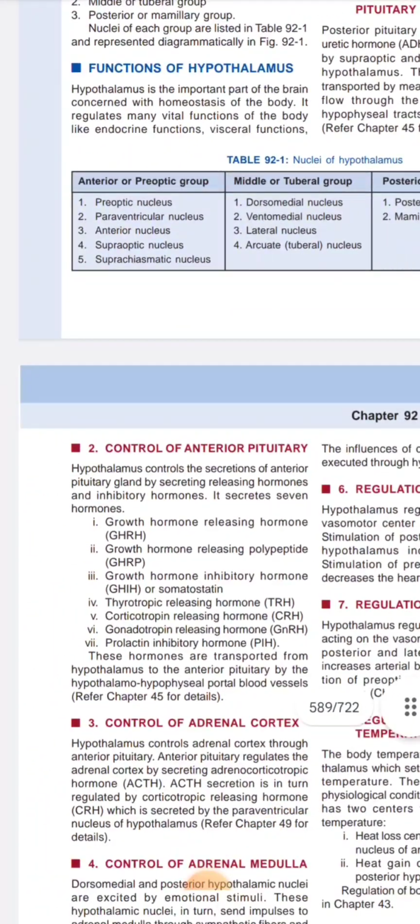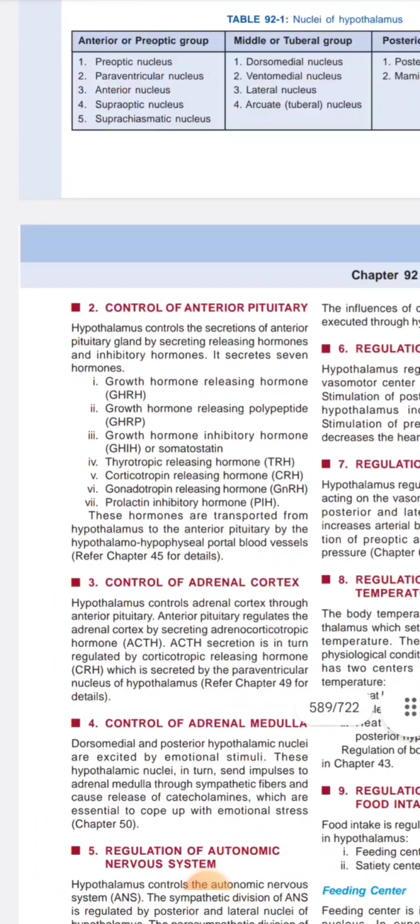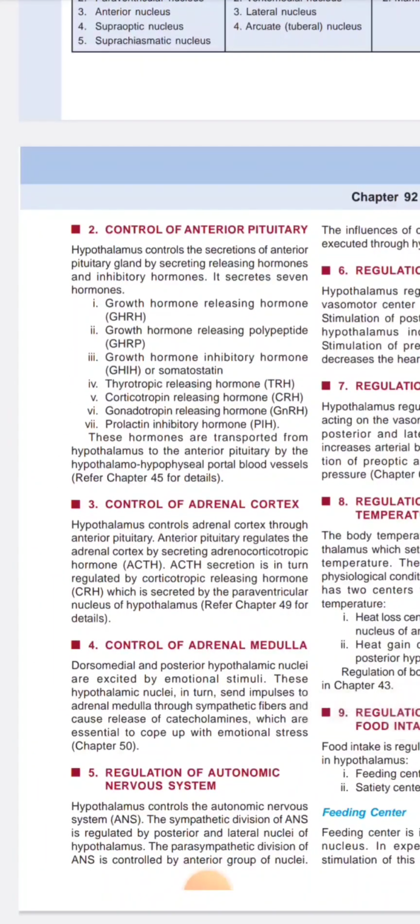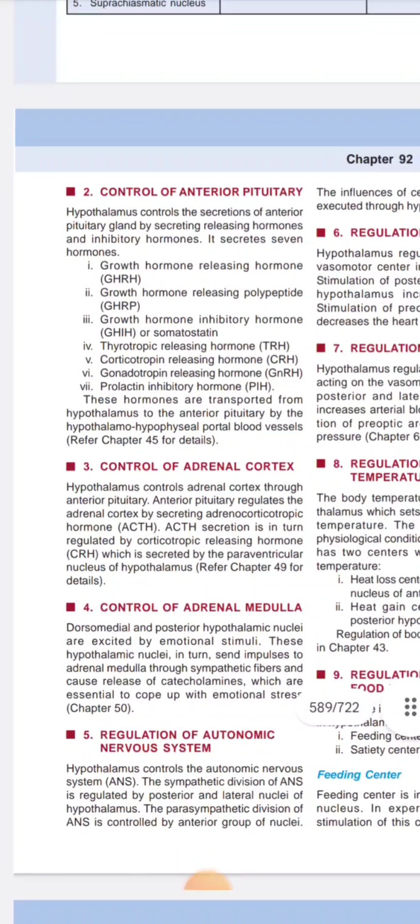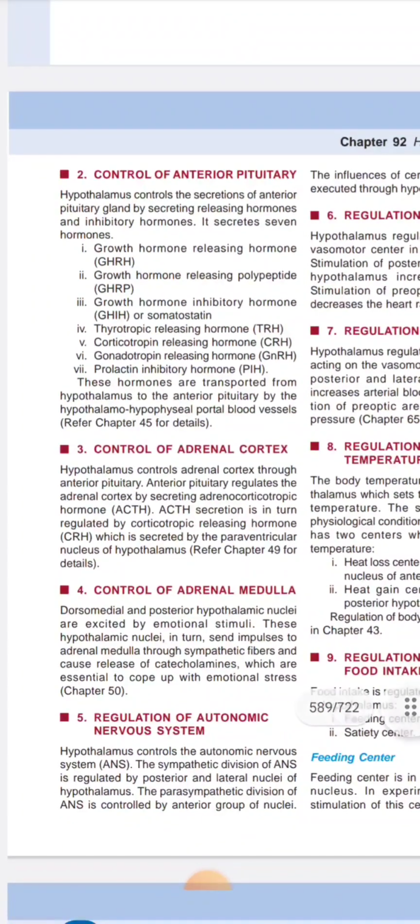Okay, next, control of anterior pituitary. So the anterior pituitary hormones are regulated by seven types of regulatory hormones which are produced by hypothalamus. What are those?